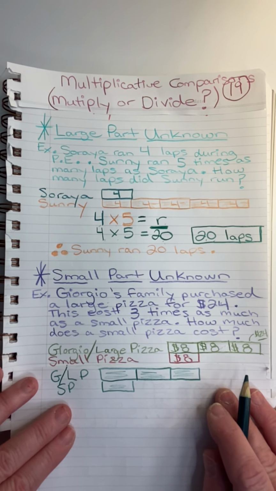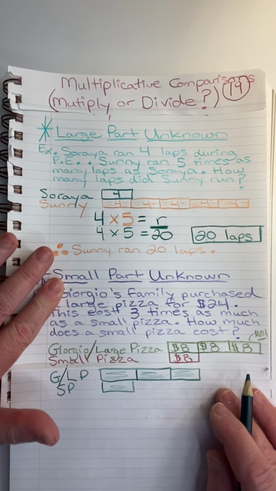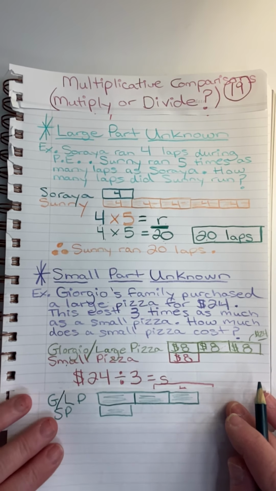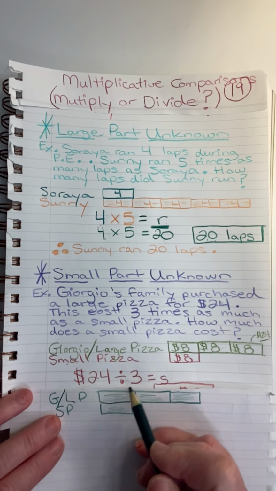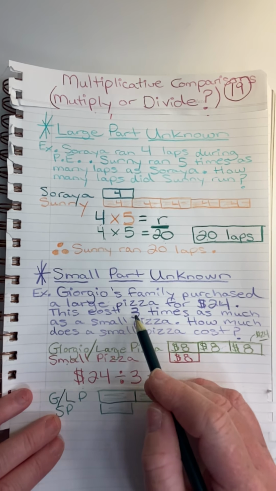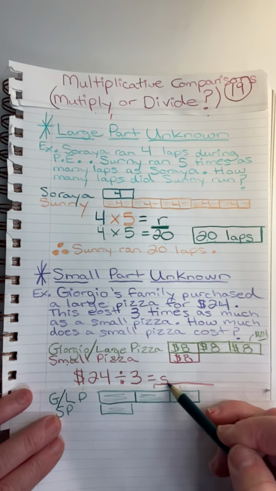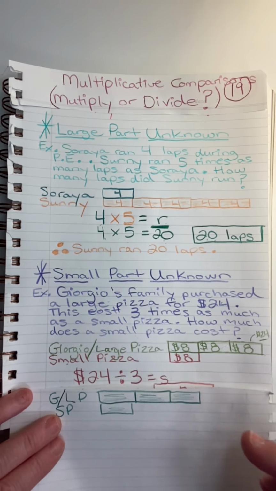Now, we'll set up this problem as a division problem. When we have a small part unknown, division is typically the most efficient way to attack the problem. So we have a problem like this: $24 divided by 3, because it's 3 times less for the small pizza, is going to equal S. And I chose the variable S for small, because I want to know the cost of the small pizza.